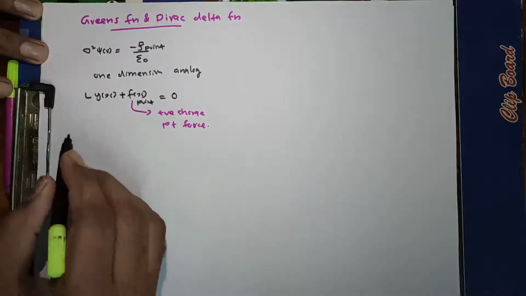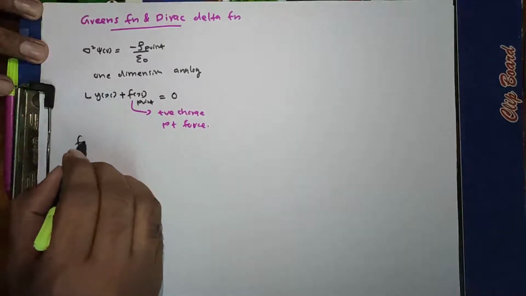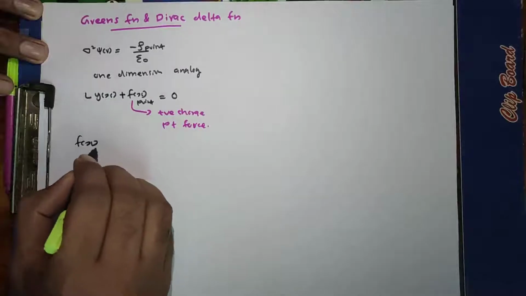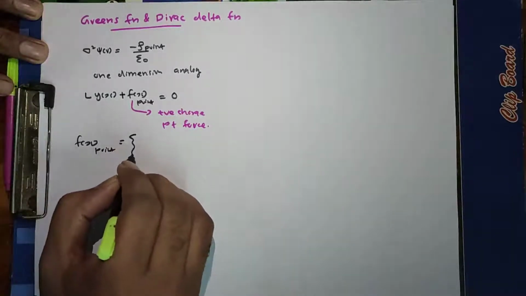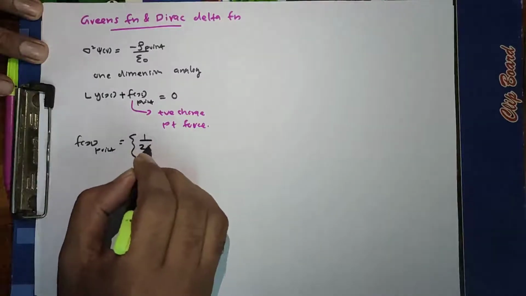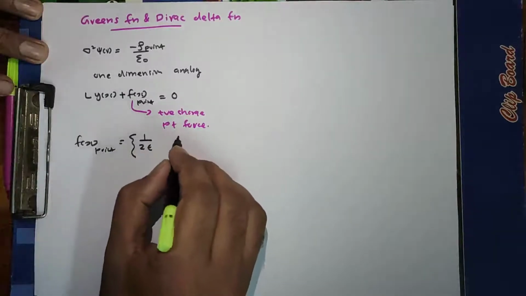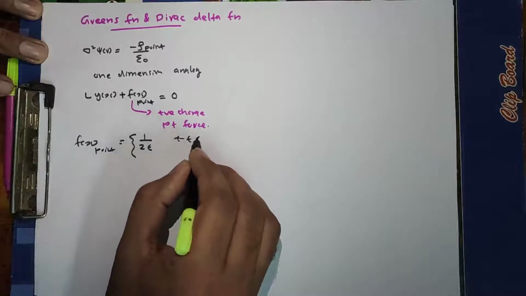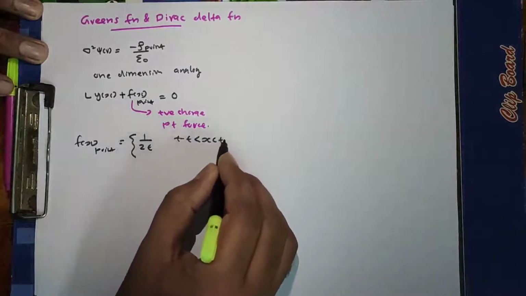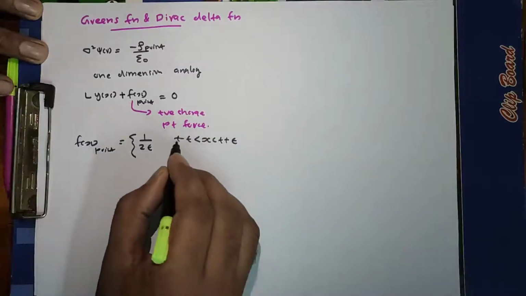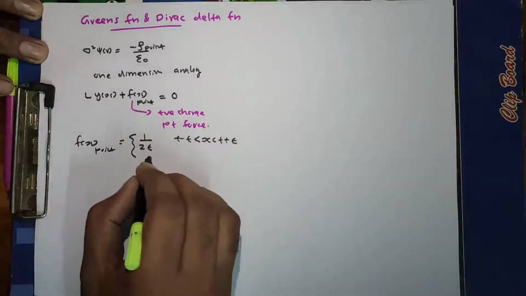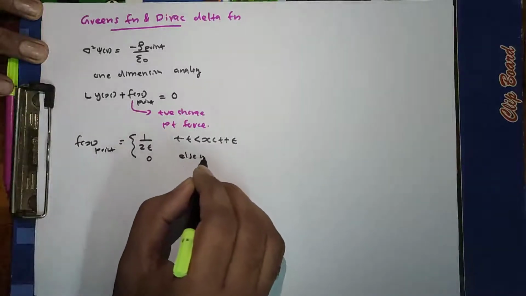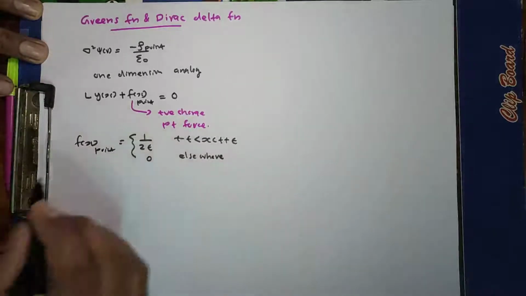Then I can represent this f of x point as 1 by 2 epsilon in the range t minus epsilon to t plus epsilon, and 0 elsewhere.